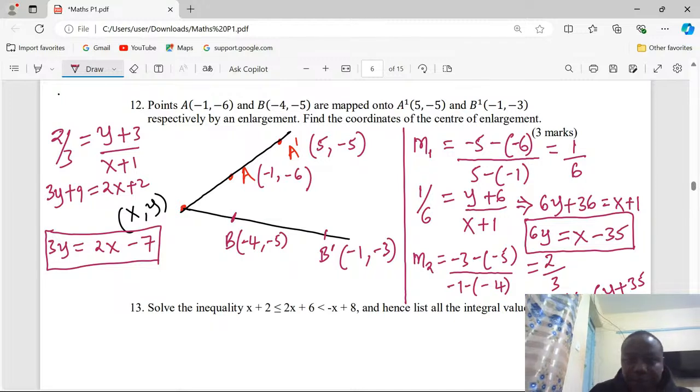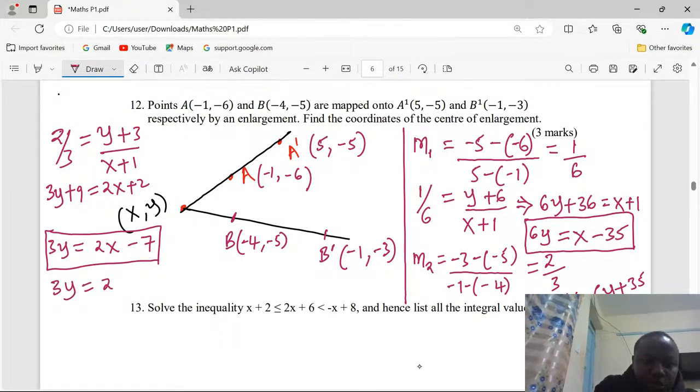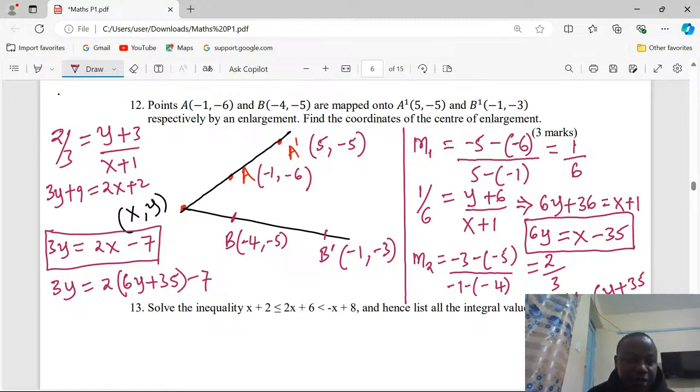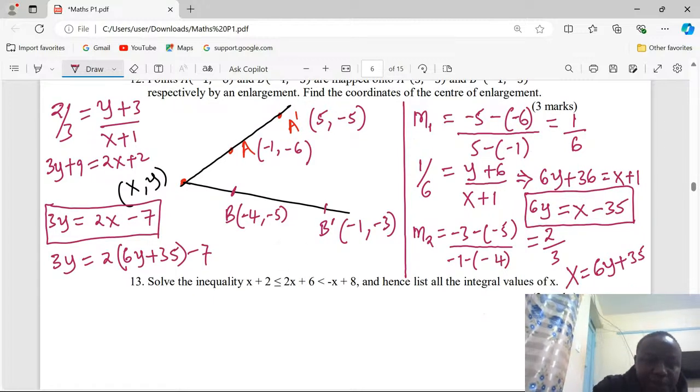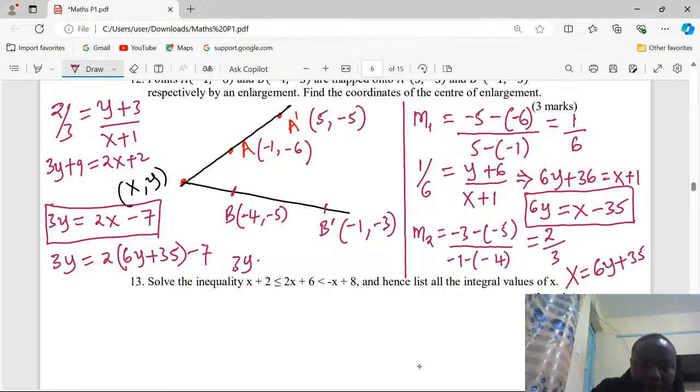So that now we can say 3y equals 2 into, instead of x, 6y plus 35. We are substituting. We are using the substitution method of solving simultaneous equations. So we need to open brackets and have 3y equals 12y plus 70 minus 7.